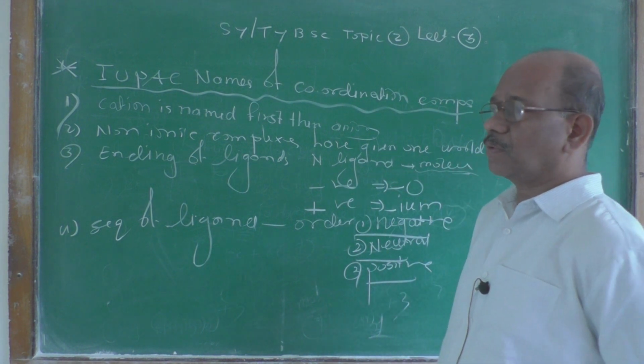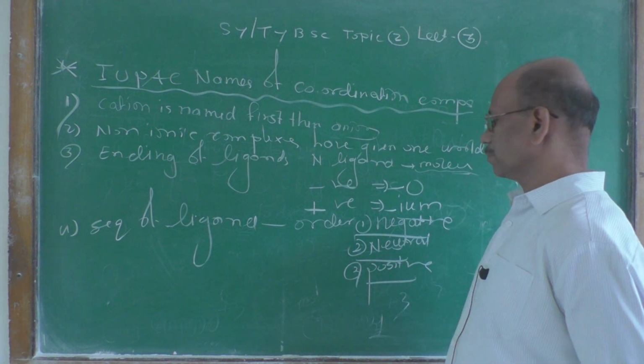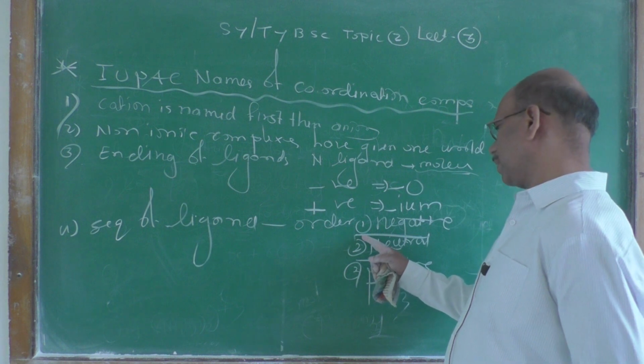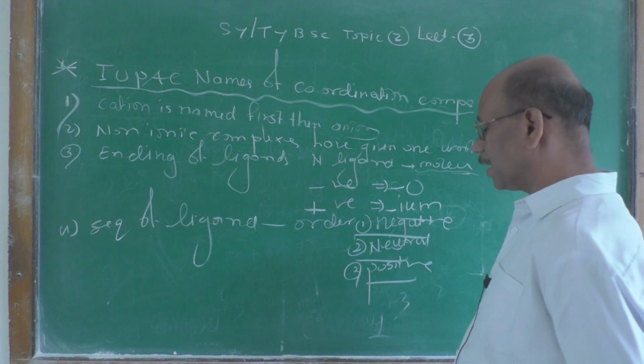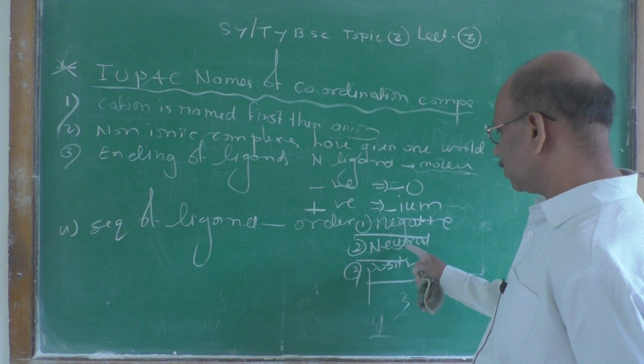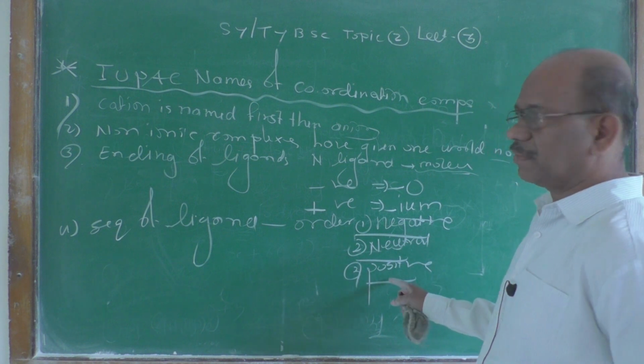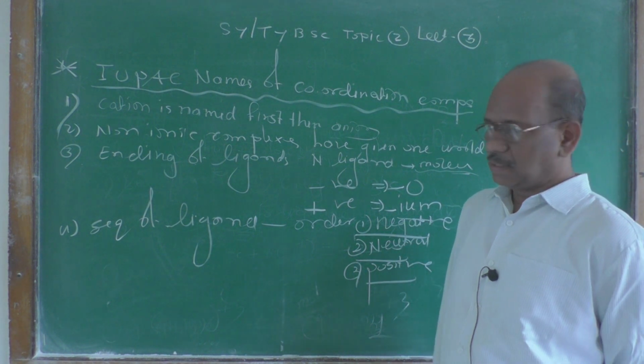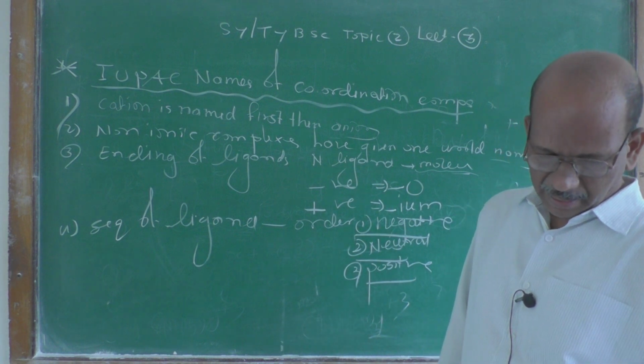If at a time two ligands are there, then first you name the negative ligand, and then you name the neutral ligand, and then you name the positive ligand. I give one example here.